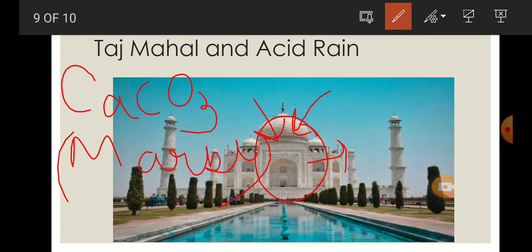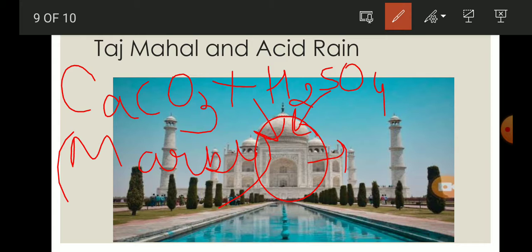Now suppose the rain which is falling on it is rich in sulfuric acid, that is H2SO4. Students, no need to learn this chemical equation. Okay, you only have to understand what is actually happening, what are the causes of this type of damage. Okay, so no need to learn these reactions, you only have to understand it.